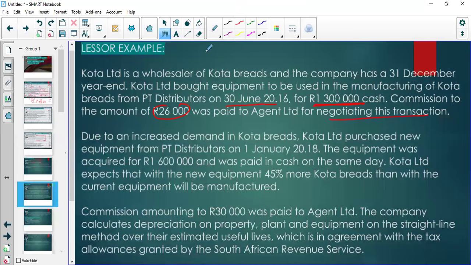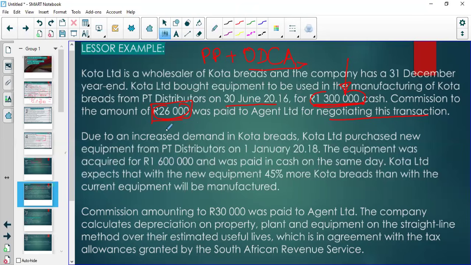You should know that to the purchase price, you add other direct costs of acquisition, the costs that are directly related to the acquisition, so that the asset could be in the position and condition required by management for it to operate. So this is going to be added. Now here's the catch. This commission, SARS might say, is immediately deductible, but we want to capitalize it.